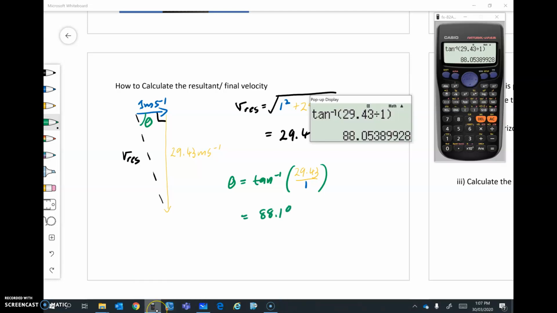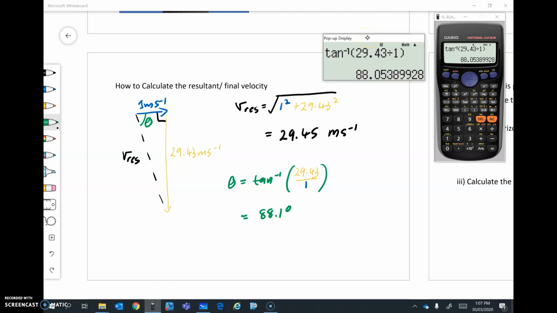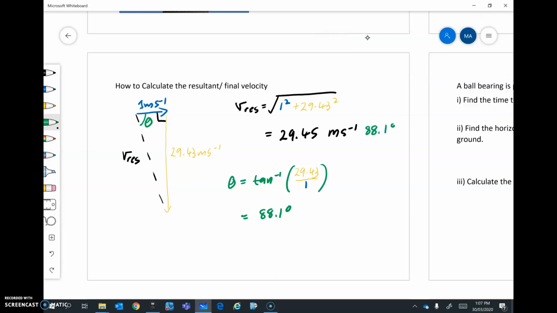And there's that calculation there. So we would say 29.45 meters per second at 88.1 degrees below horizontal.